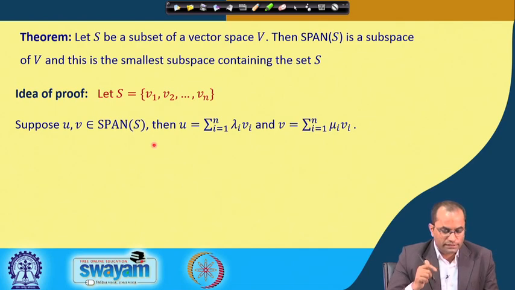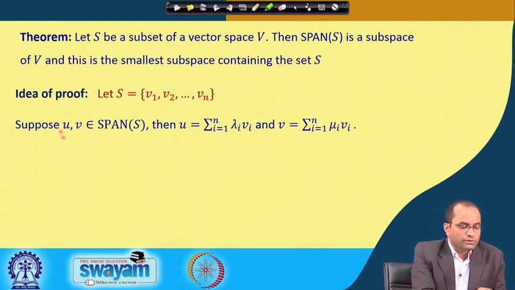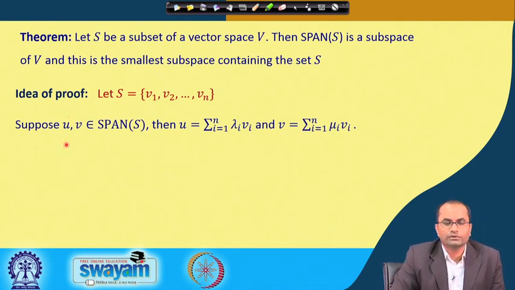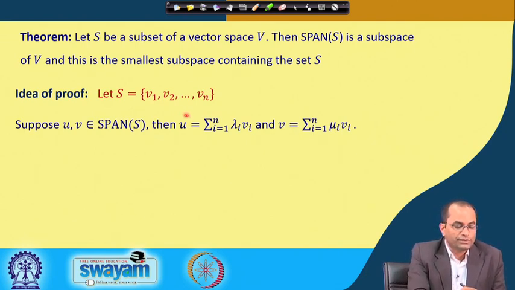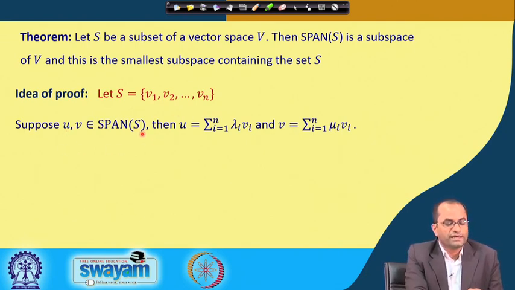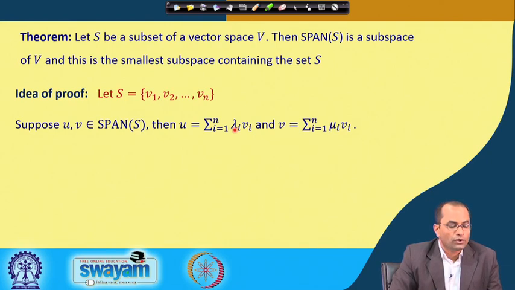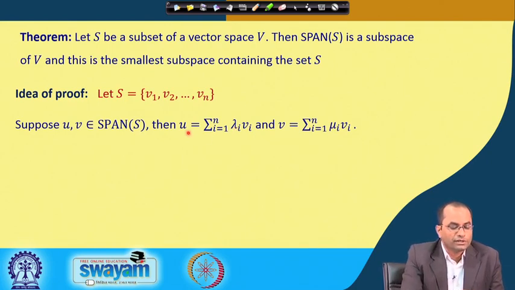So, here let us suppose u and v belong to span S. Because u and v belong to span S, we can write u and v as linear combinations of the vi's. Here u is written as a linear combination of the vi's, with coefficients lambda i.